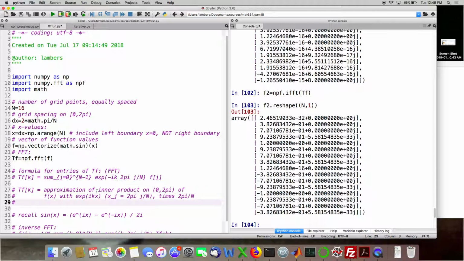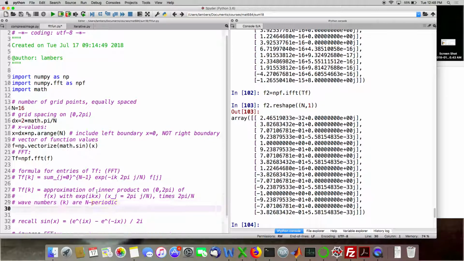And wave numbers are n periodic. So k equal to n over 2 plus 1 all the way up to n minus 1 actually correspond to frequencies where if you take these values and subtract n from them, you get minus n over 2 plus 1 up to minus 1.